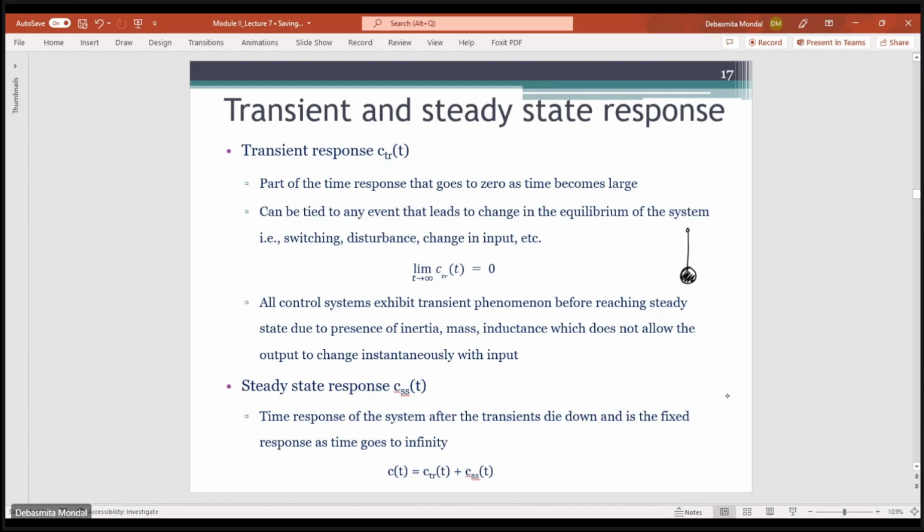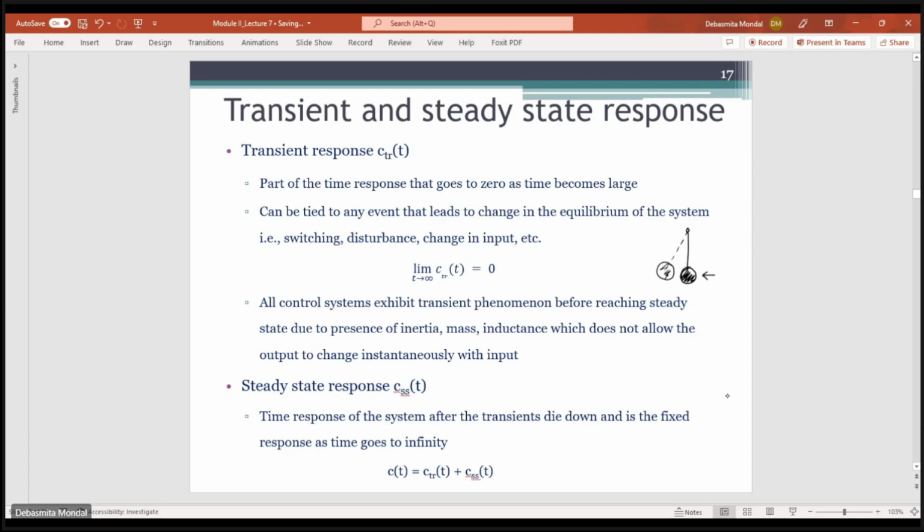Now if I disturb this system slightly, if I provide some kind of force to this system, it will try to move. Now it will no longer be in its equilibrium state. It will move somewhere here. Then it will keep oscillating until it again goes back to its original equilibrium state.